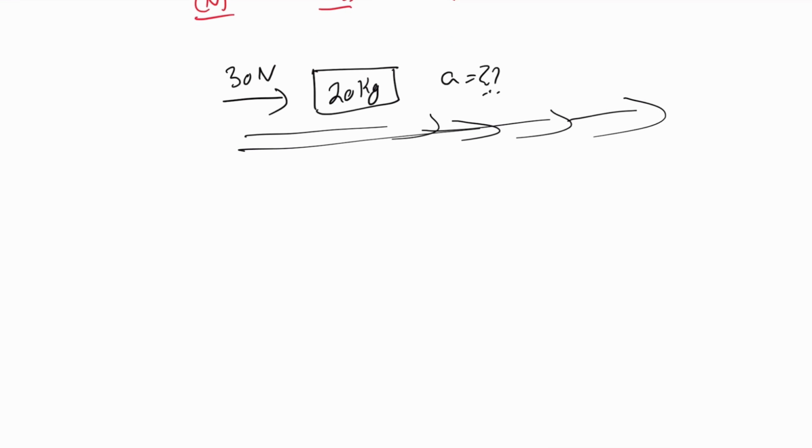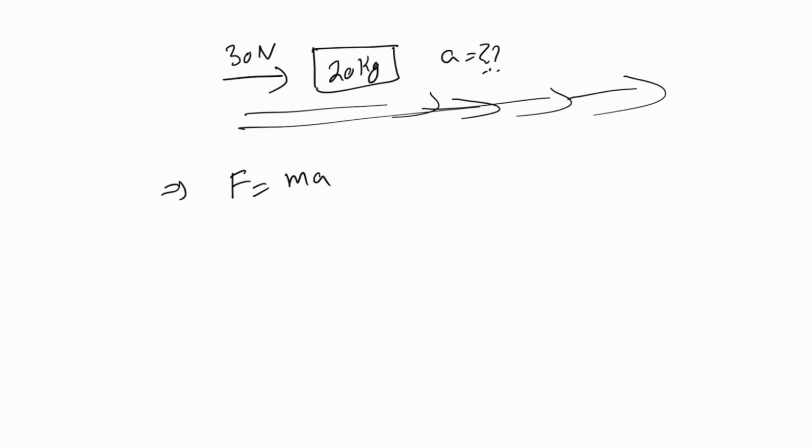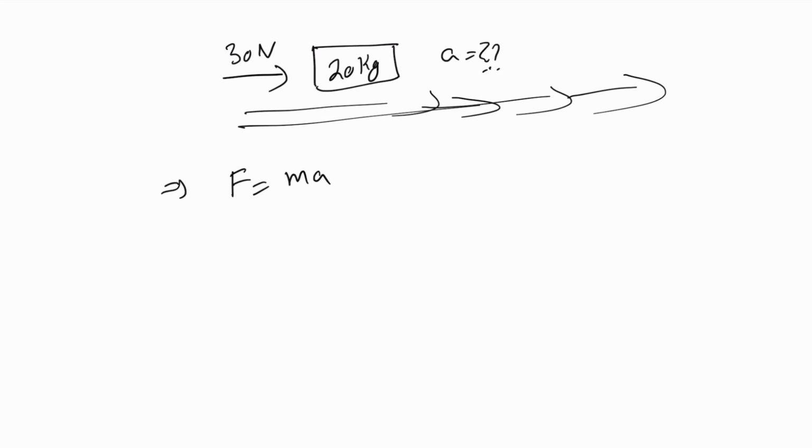This would be calculated using the formula F equals ma. During physics problems, and this applies to all of the lessons, always write down what is known and what is the unknown, what is given, and what you are trying to find. What's given to me is the mass, which is 20 kilograms, the force, which is 30 newtons, and what's missing is the acceleration.